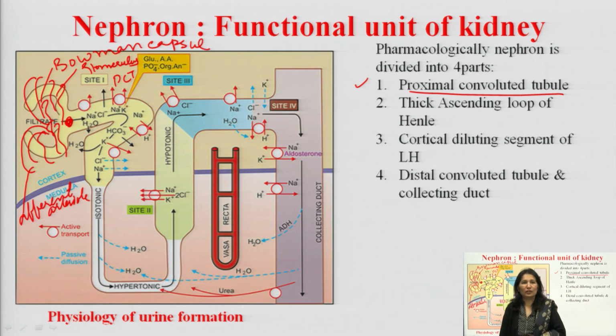The filtrate enters the PCT, but here 65% of the sodium, 100% of the glucose and amino acids, and almost 80 to 90% of the bicarbonates and other electrolytes get reabsorbed.